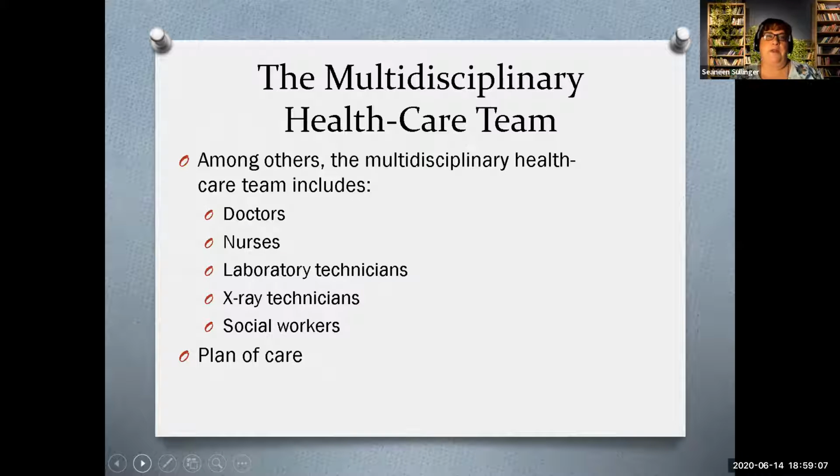In a hospital setting, that means getting the patient closer to going home, discharged. But you also have multidisciplinary healthcare teams in long-term care, in hospice care, and in many other situations. So as healthcare professionals, you're working with a lot of people, and the government gives us the guidelines under which we can practice.